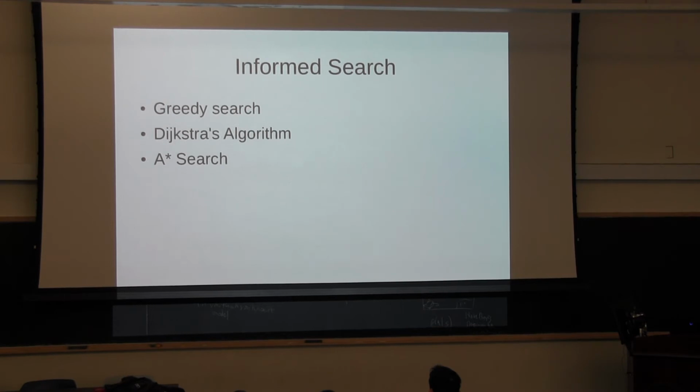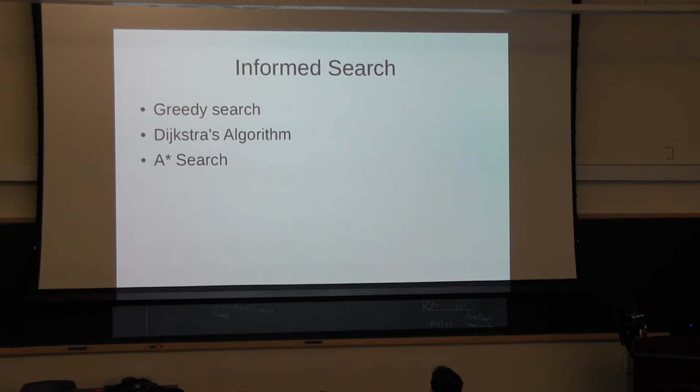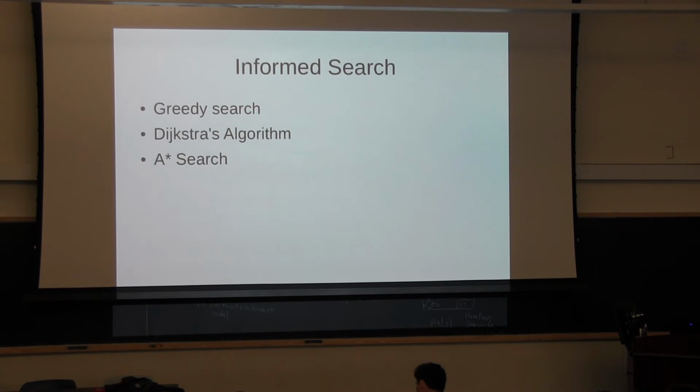Yeah? Can A star handle negative path costs? So that's where you go through a teleporter and it kind of eats your past path costs. It's an interesting idea. I bet that it could. I bet that it would just work out, but I'm not sure.